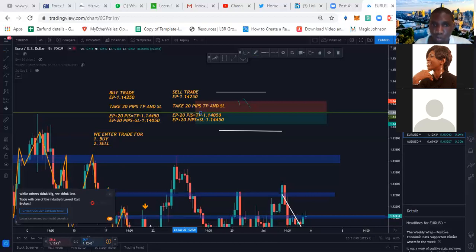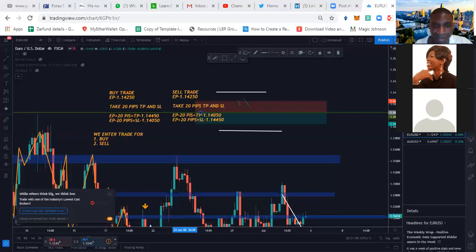I will show you more of this on the charts, how they play out. So these are the two patterns I wanted to add to what we already have.